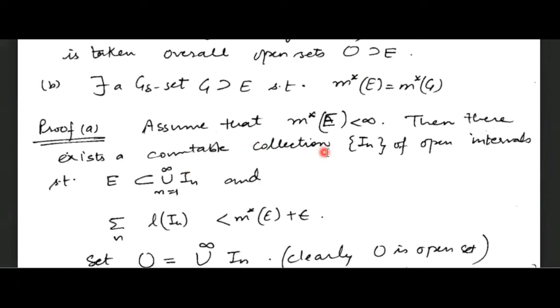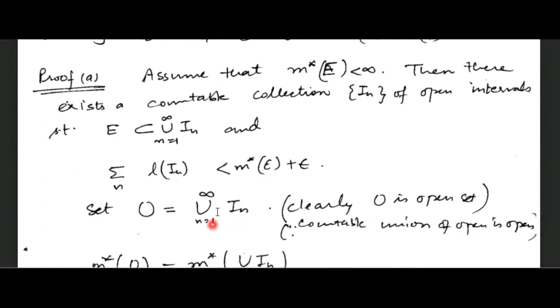Then there exists a countable collection I_n of open intervals such that E is contained in the union of these I_n. By the definition of outer measure, we consider a countable collection of open intervals such that it covers E. And further, since the outer measure of E denotes the infimum, if we add some epsilon to it, it is no longer the infimum, so we get a summation of lengths of I_n which is less than the outer measure of E plus epsilon.